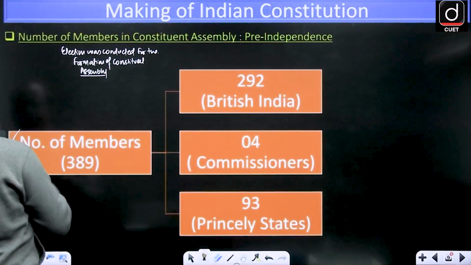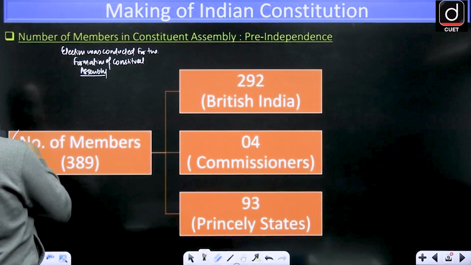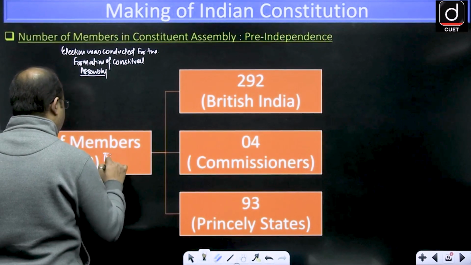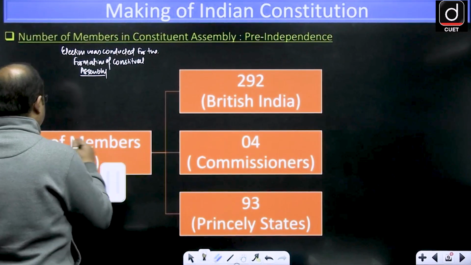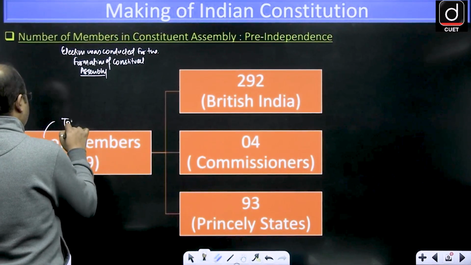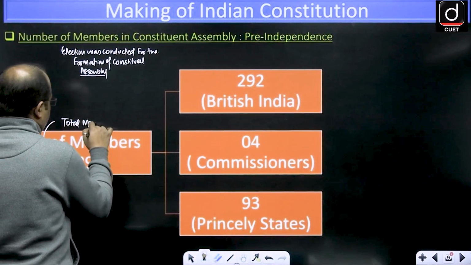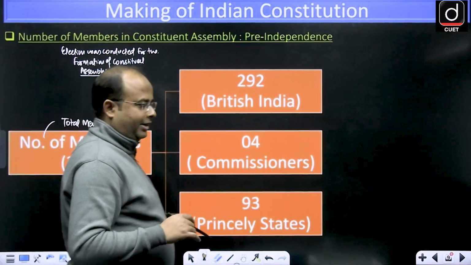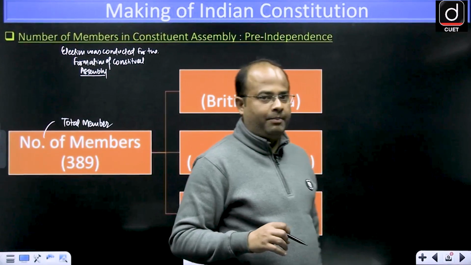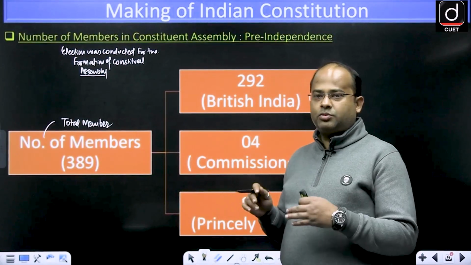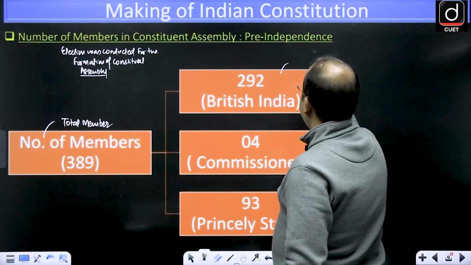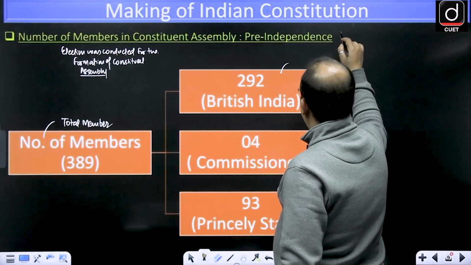Now guys, the total number of members in the Constituent Assembly will be 389. Out of this total, 292 will be from British India, and this is before independence.